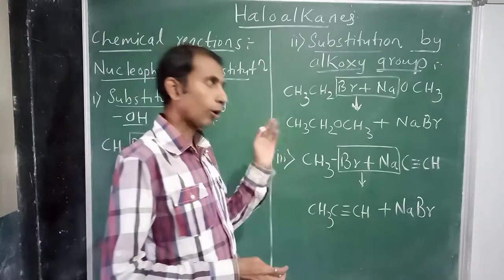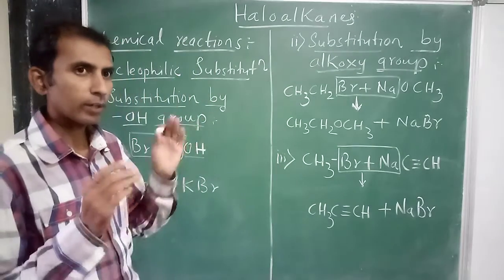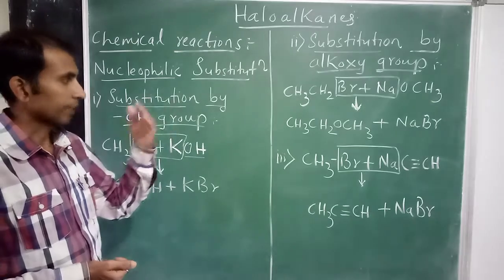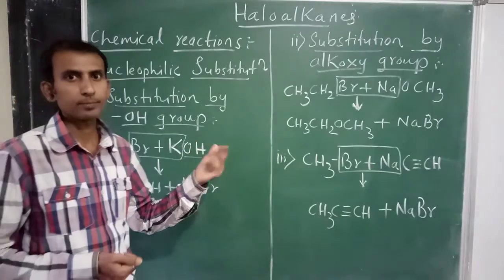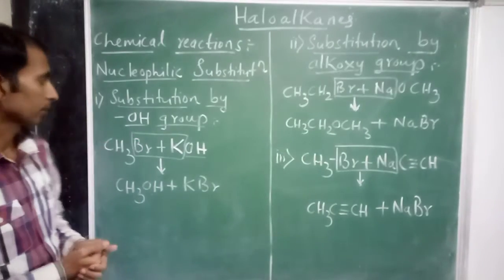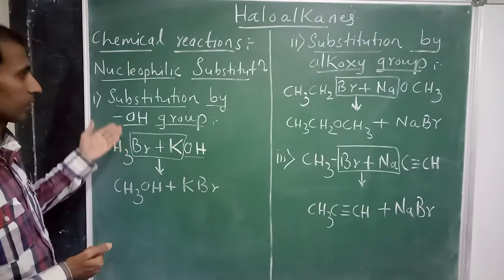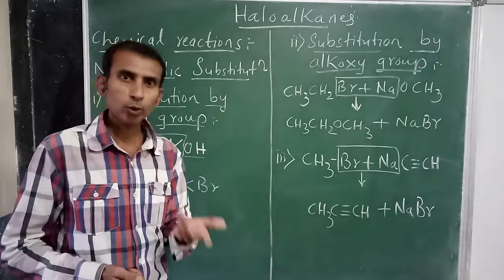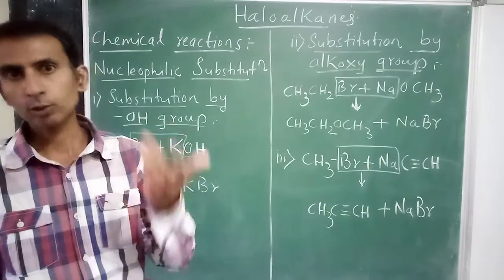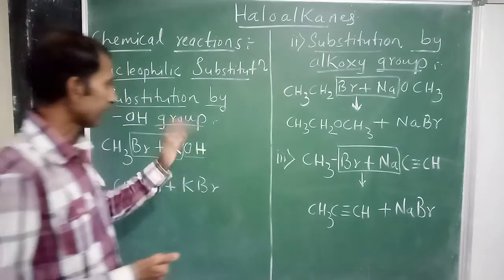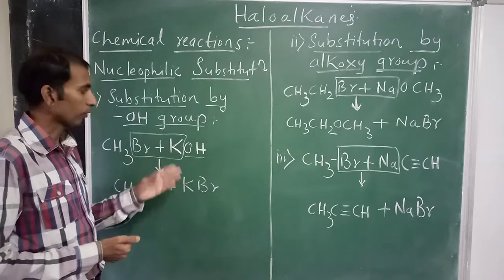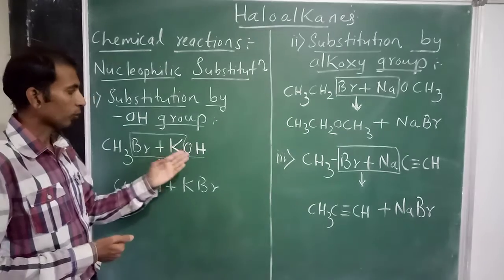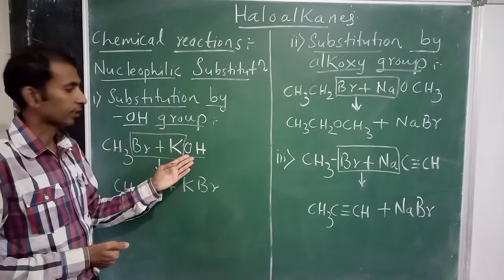So in all the reactions, you have to understand: in the second reactant, which is the nucleophile, that is important, because our first reactant is of course haloalkane everywhere, and in haloalkane, I told you the nucleophile is halogen. So in the second reactant you should know which is the nucleophile. For example, in this particular reaction, the nucleophile in the second reactant is OH.